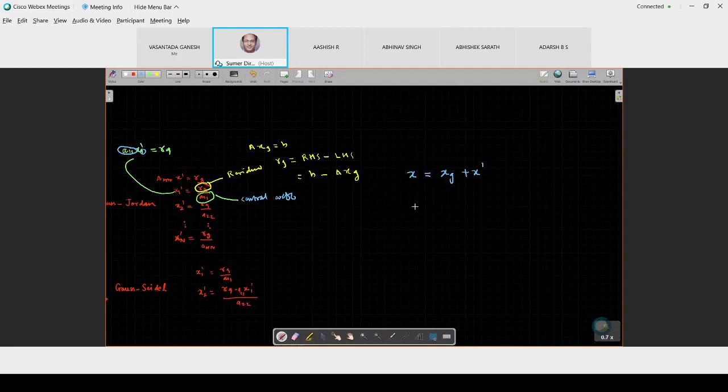So what we are doing actually is, the present solution, the new solution, will be equal to x old plus x prime. This is x new.